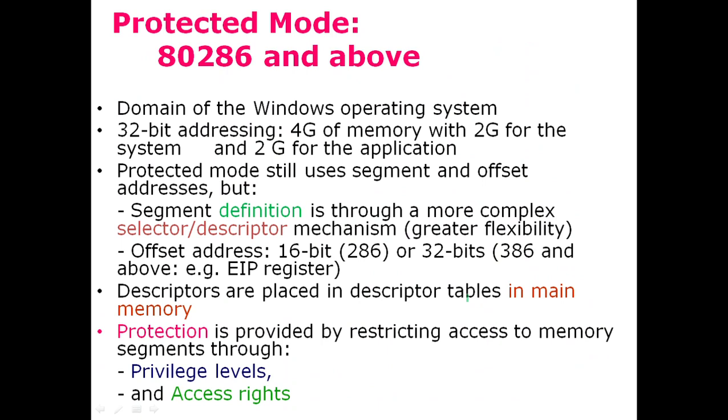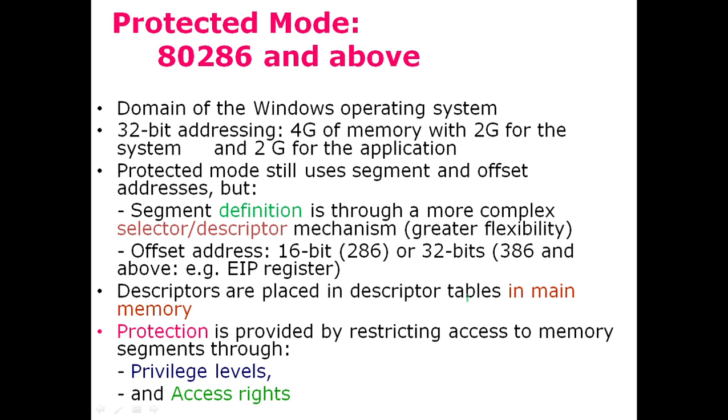Protected mode is available only in the 80286 and above microprocessors. This mode is not available in the 8086 and 8088 microprocessors, and the reason is that these microprocessors can only support up to 1 megabyte of memory.